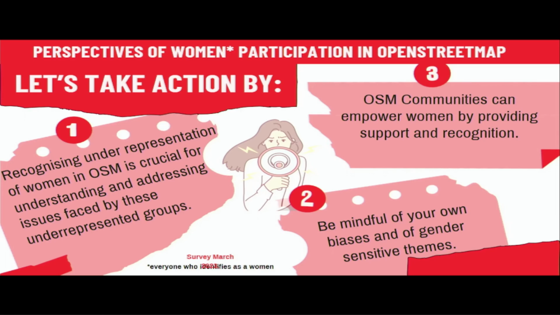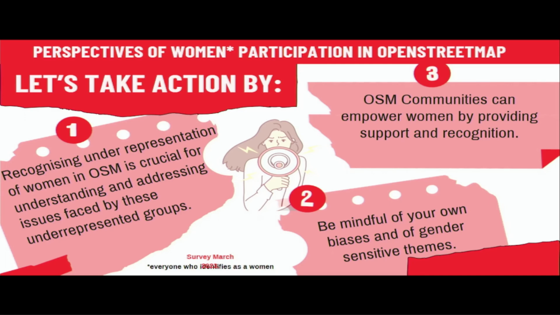When we come to the OSM space, there is organization, there is mapping and all that. So the fact that they are involved in one way or the other, at least give them the recognition. Because if they have that recognition, they can feel proud of themselves that at least what I'm doing, I'm being recognized, and I'll keep on doing it.